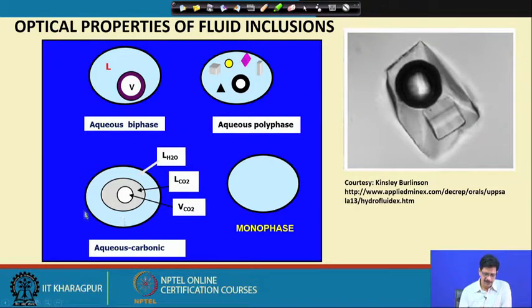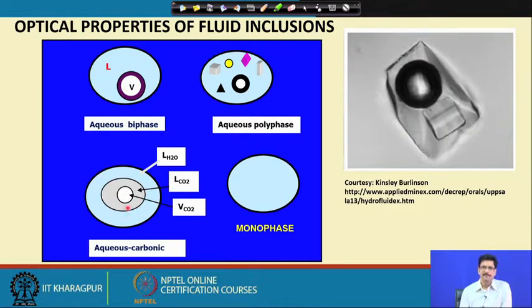The other possibility is an inclusion with an aqueous liquid, and another liquid shown in light gray color, and within that is a brighter part.